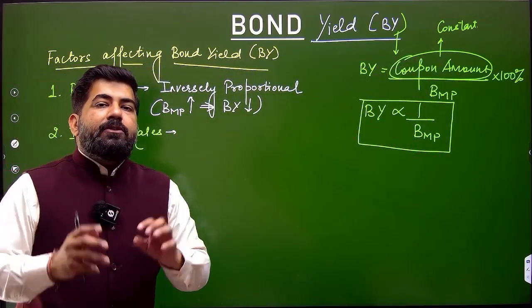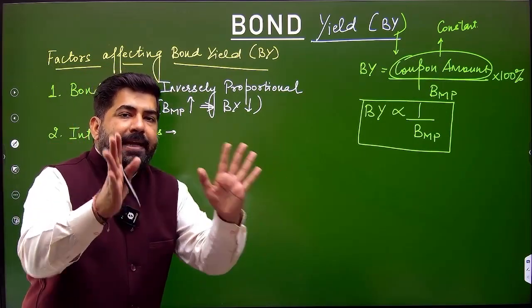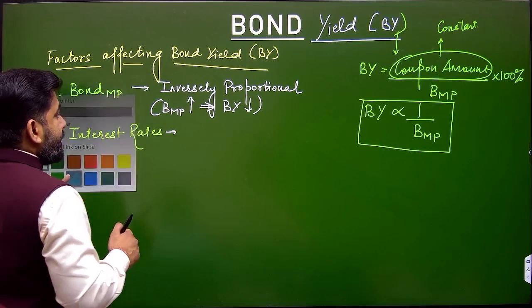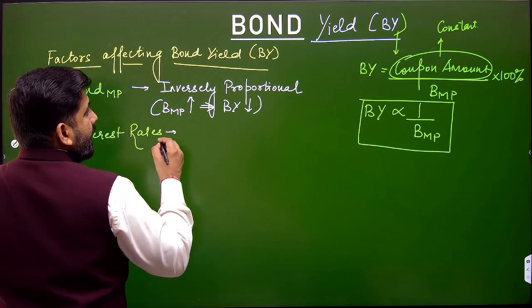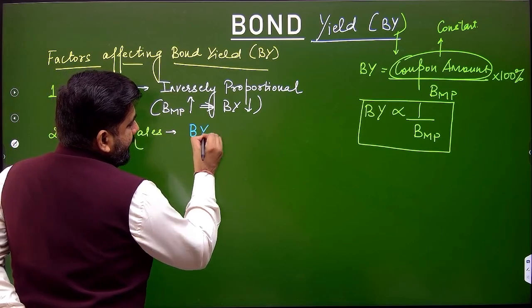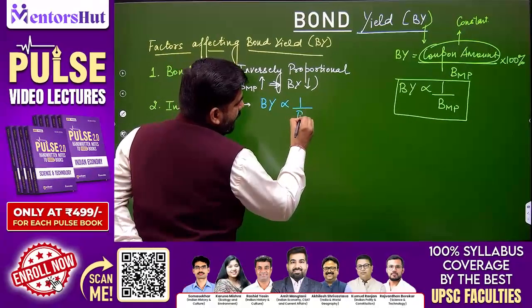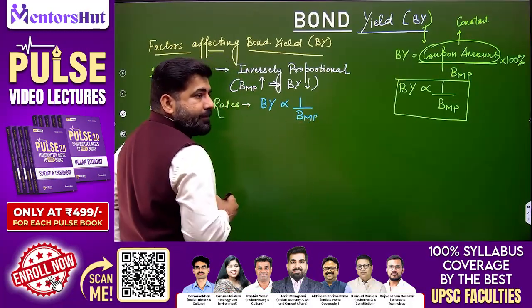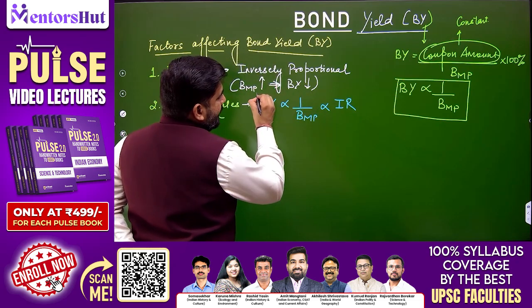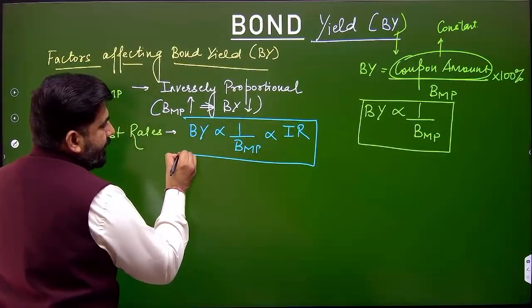So if I combine all these factors, please remember this relationship, guys. Bond yield is inversely proportional to bond market price, and this bond market price is also inversely proportional to interest rate in an economy.